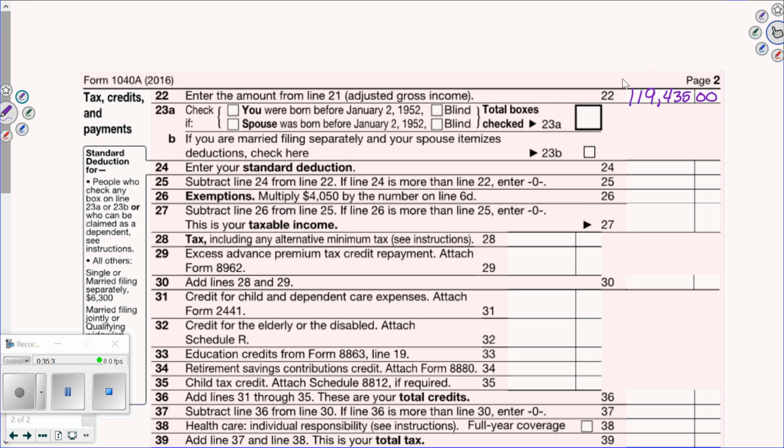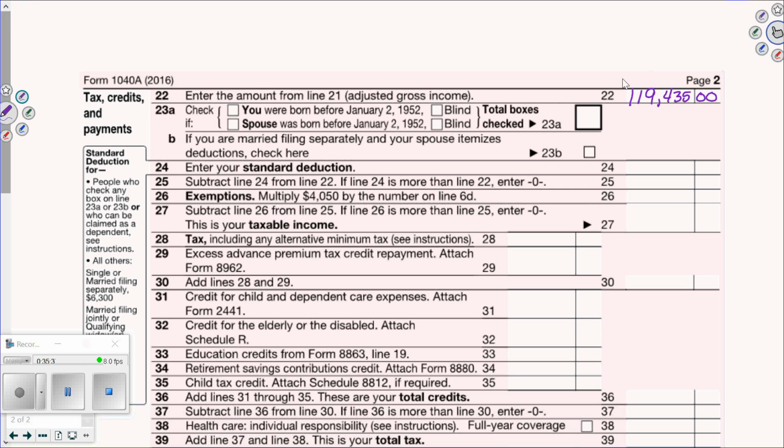23A, check if you were born before January 2nd, 1952, or your spouse was born before then. Do we know this info? We're going to assume that that does not apply to them. If you were married filing separately, how are they filing? Jointly, we don't have to worry about that.